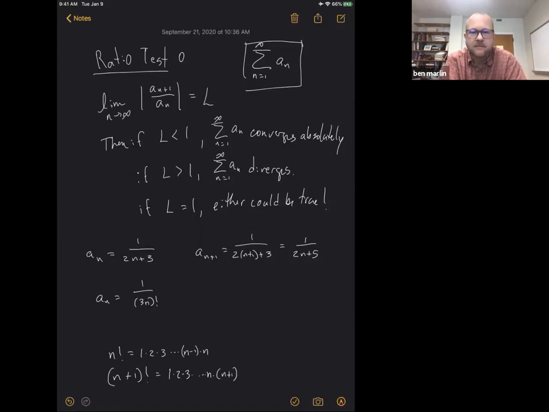So if here you had this a sub n plus 1, and you know that that needs to be 1 over 3n plus 3 factorial, then you need to be able to spot that that is going to have 1 times 2 times on up to the 3n. Oh, that is too small. I'm sorry, folks. Let me just erase that and put it on a different line.